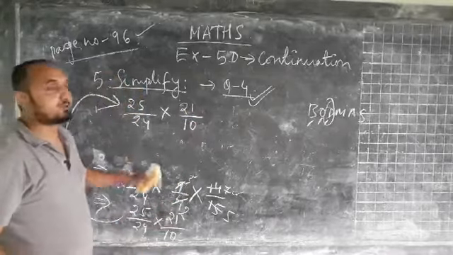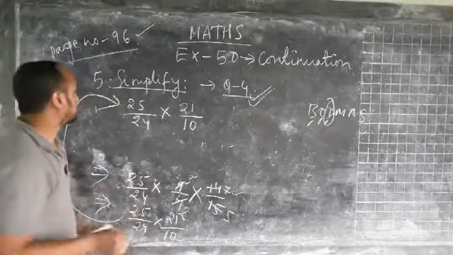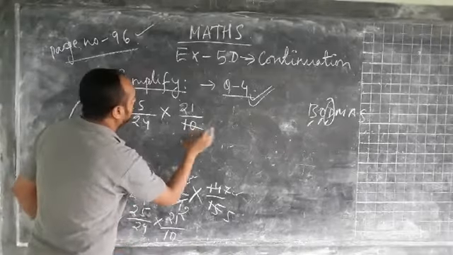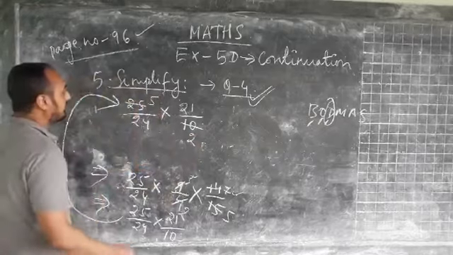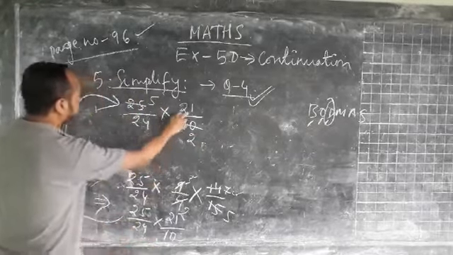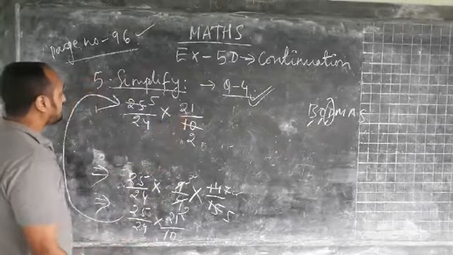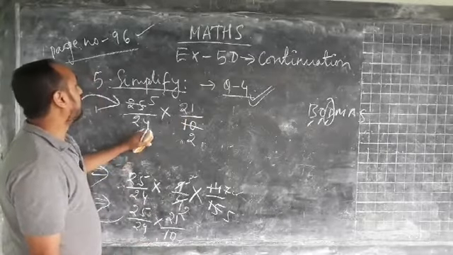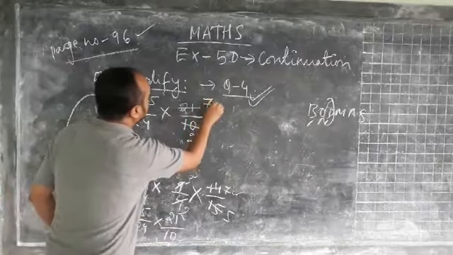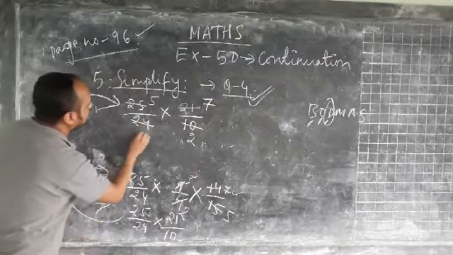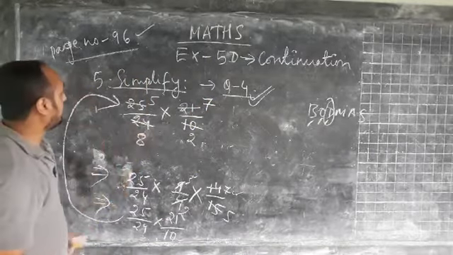Now we will try to reduce this number to the smallest one. So here 5 2s are 10, 5 5s are 25. So here this 21 and 24, it will go by 3. So 3 7s are 21, 3 8s are 24.